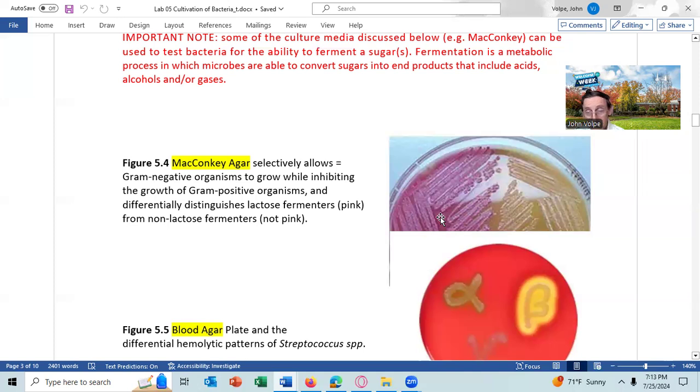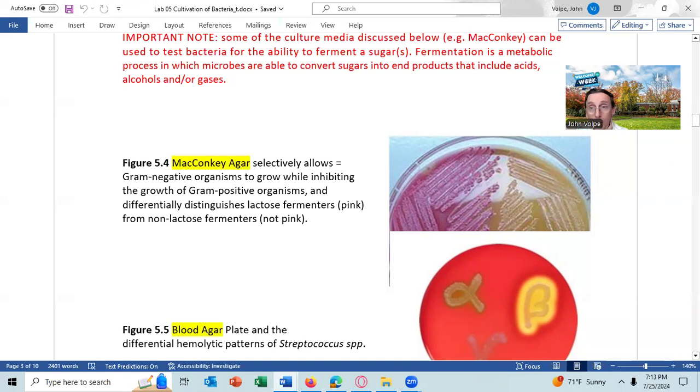That's because the fermentation of the sugar lactose produces acids which cause the medium, as well as the growth on the media, to turn pink. On the other hand, if the bacteria cannot ferment the sugar lactose, then they will be their normal color. In this case, it is either white or off-white, and that's the normal color of this bacteria that cannot ferment the sugar lactose. Any question about any of that?